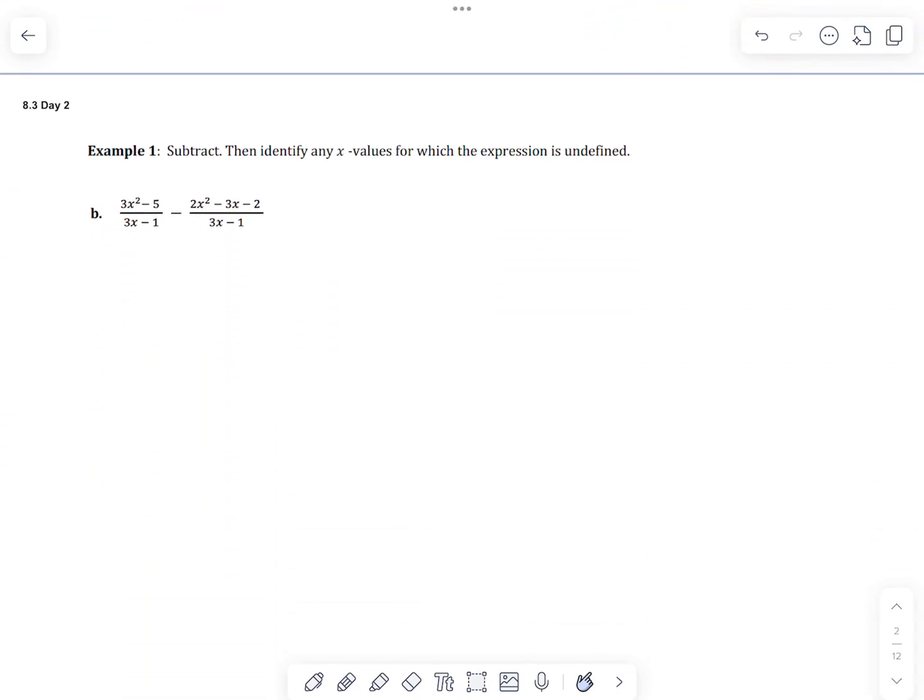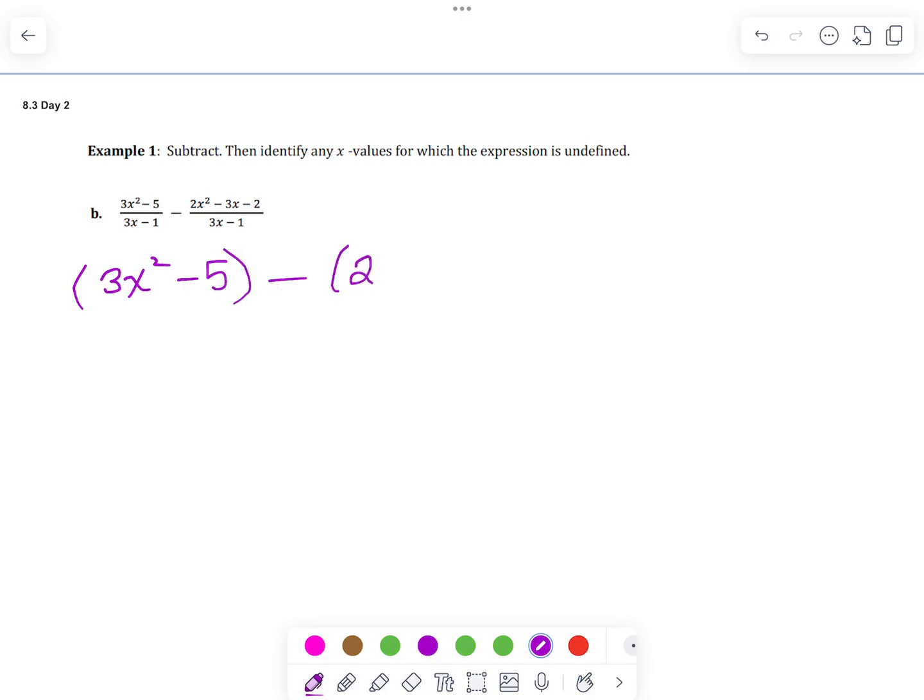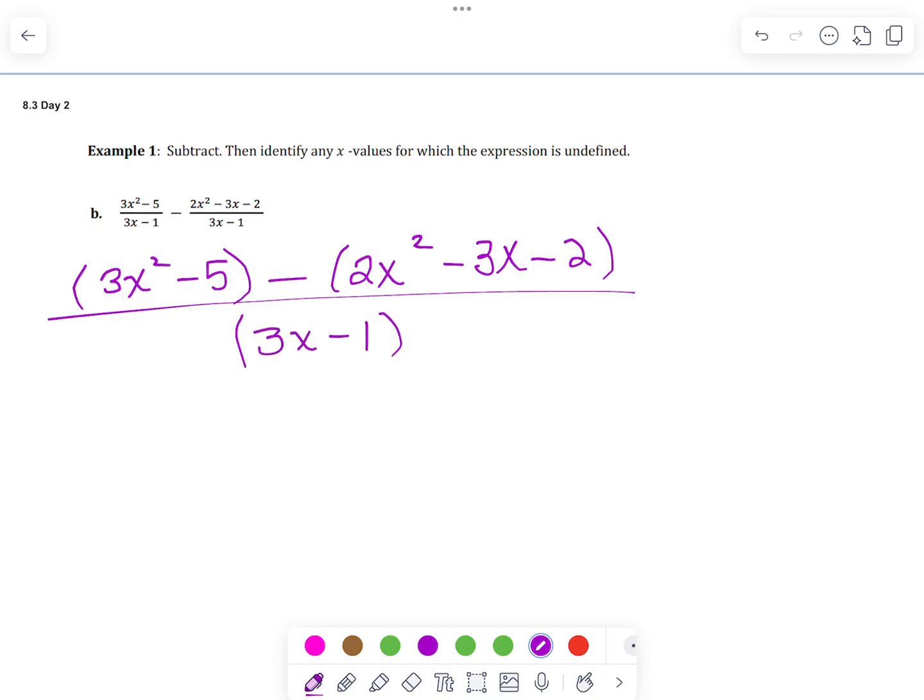All right, here's our second example. Again, the denominators are the same, so we can go ahead and combine the numerators. So 3x squared minus 5 minus 2x squared minus 3x minus 2 all over our 3x minus 1.